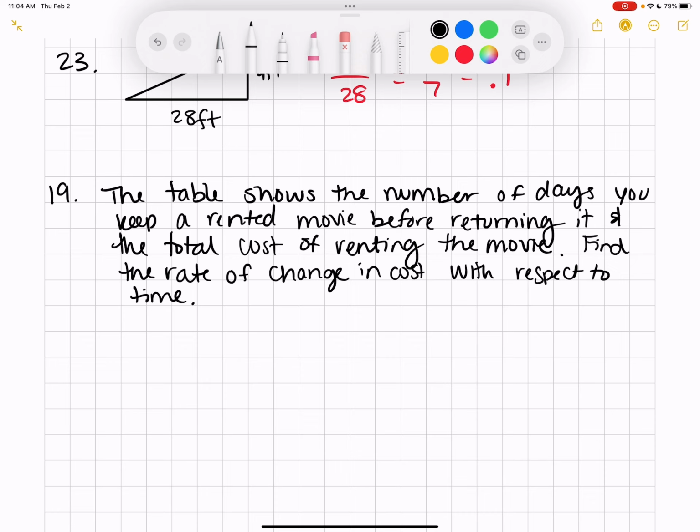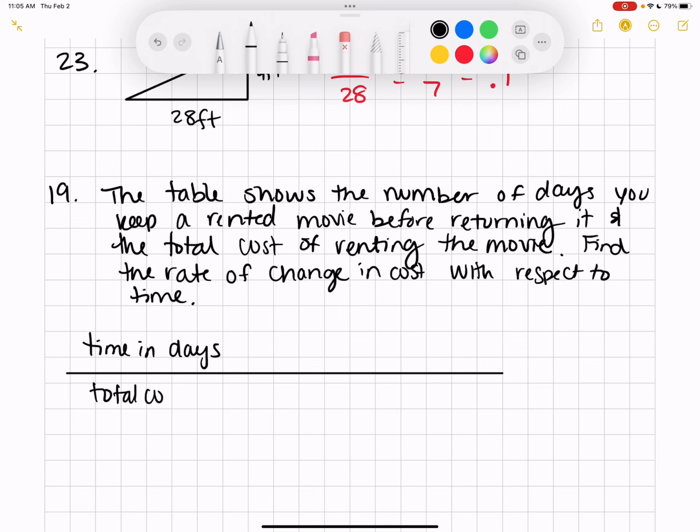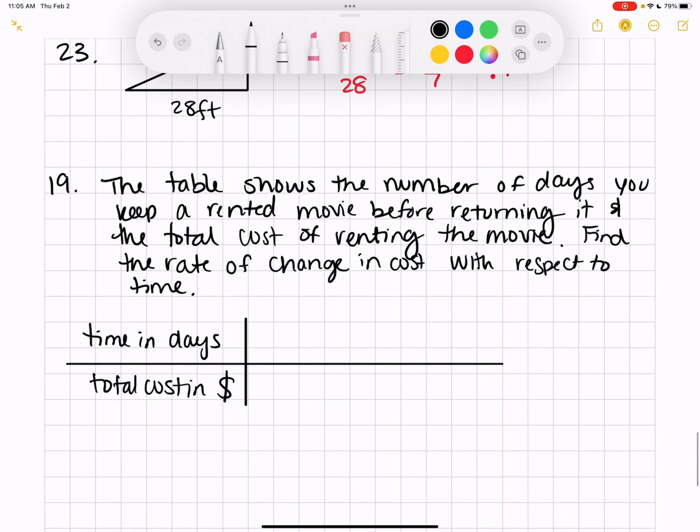So then it gives us time in days. And it gives us the total cost in dollars. And then it gives us each day and the cost.